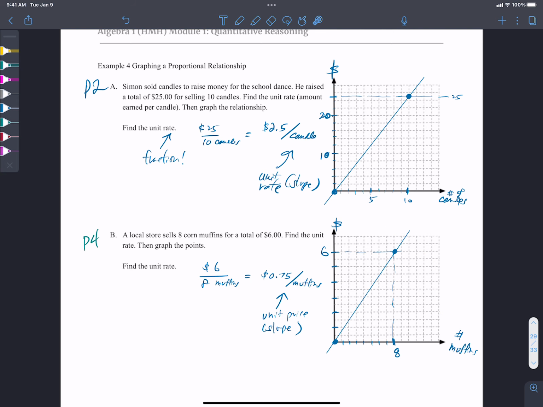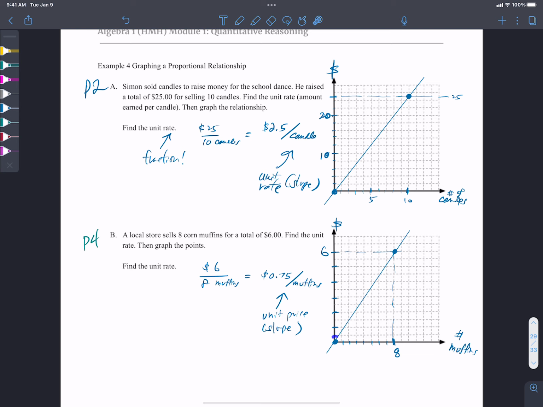Okay, similar to the previous problem, we divide the amount of money by the amount sold. When you do the math over here, simple arithmetic, we end up with $0.75 or 75 cents for each muffin. So that's the unit price or the slope of this graph. And I don't know if you noticed this, but I'm doing my best to change the scale.